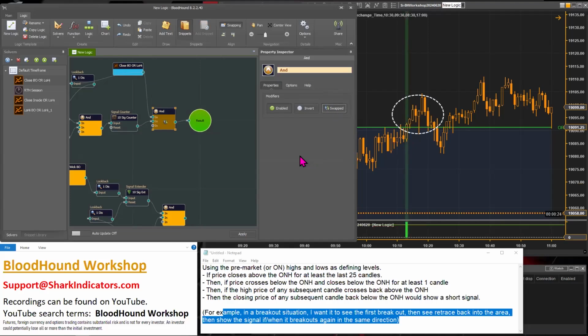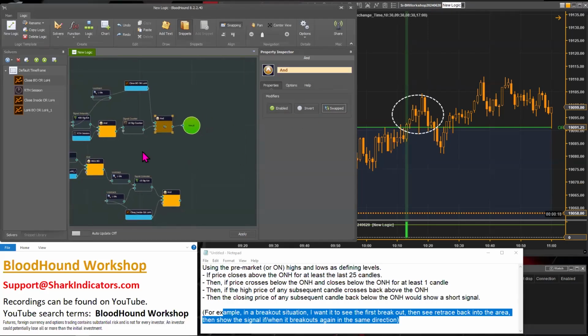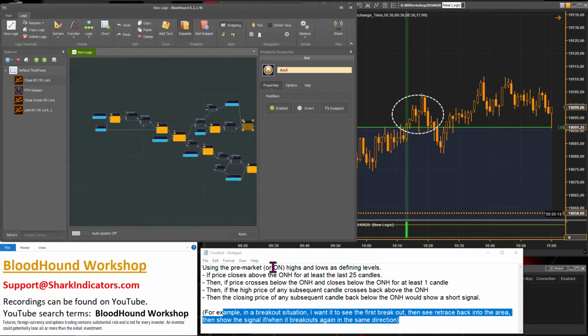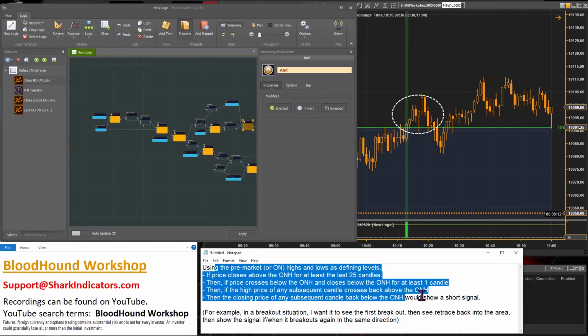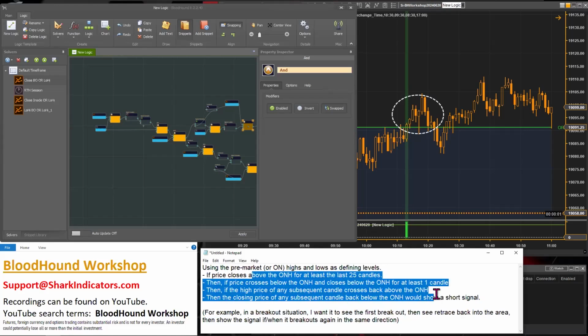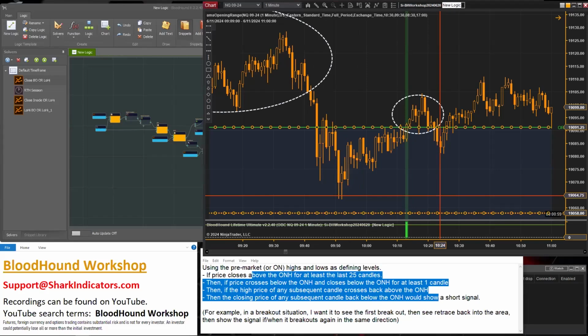I'm saying this is the cheating way because remember, this original system was built kind of opposite of this double breakout.